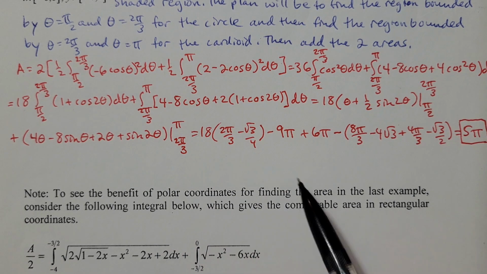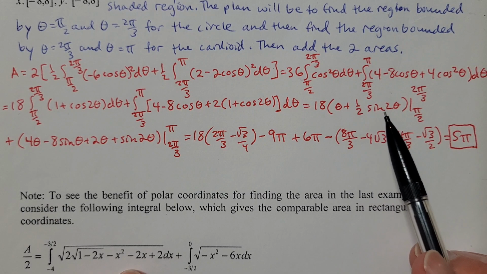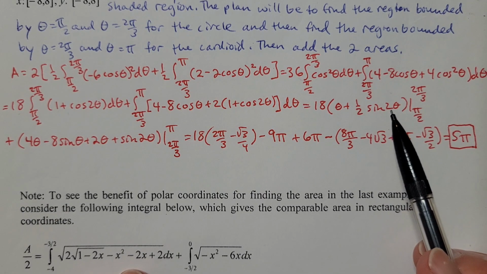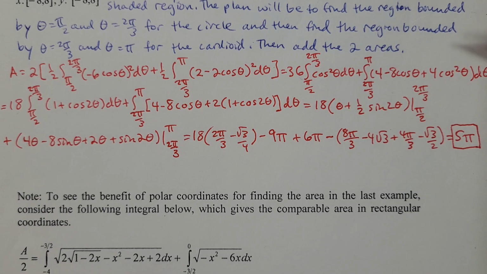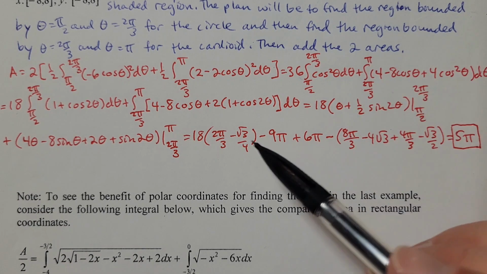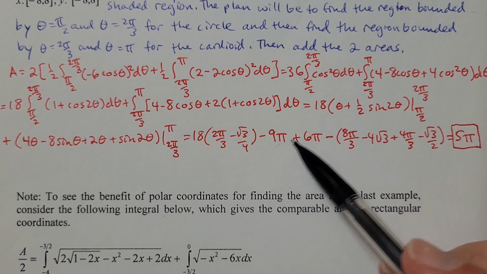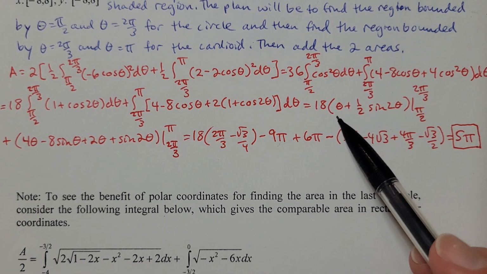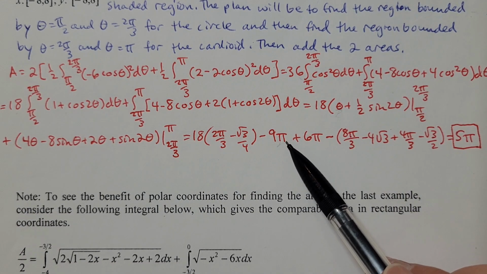So then when I plug in the bounds here, I plug in 2 pi over 3, sine of 4 pi over 3, that is negative root 3 over 2, okay? Times 1/2 is negative root 3 over 4, and then minus, when I plug in pi over 2, let's see, 18 times pi over 2, that's 9 pi.